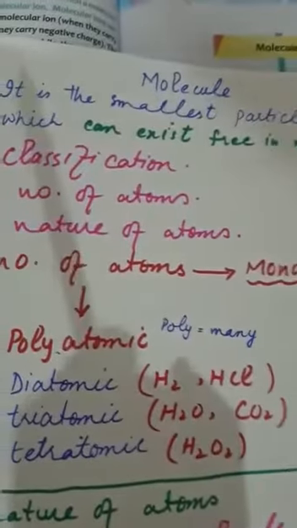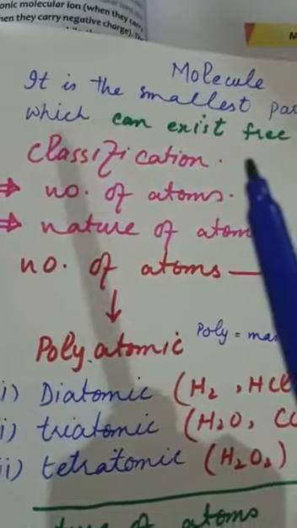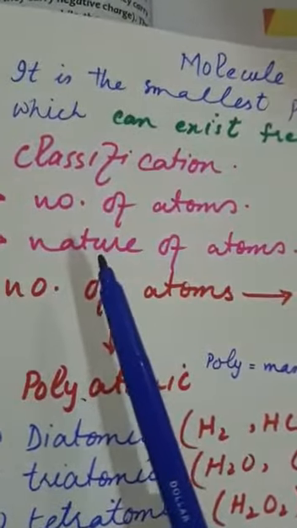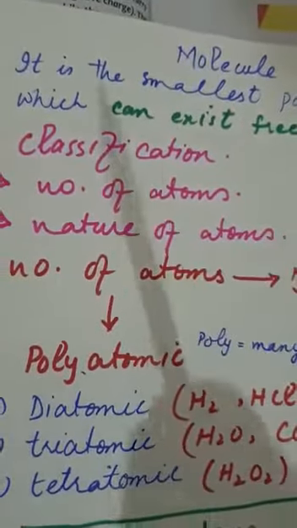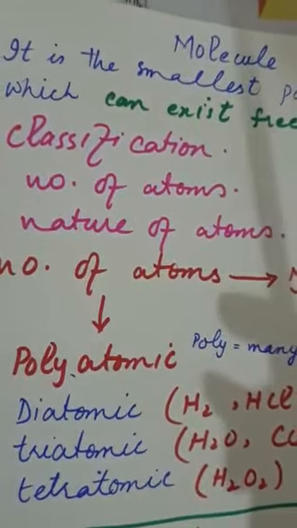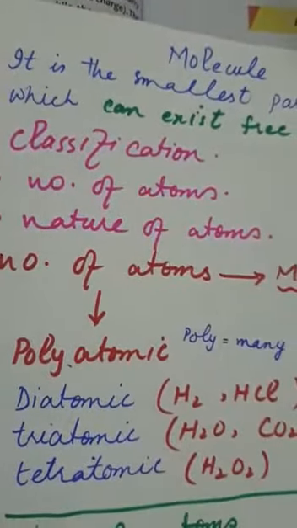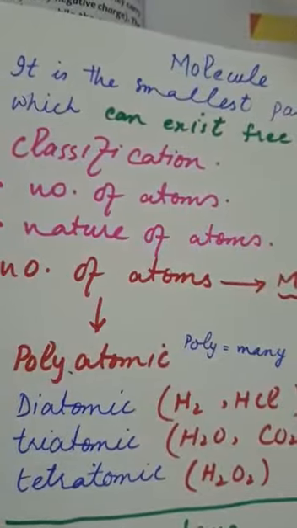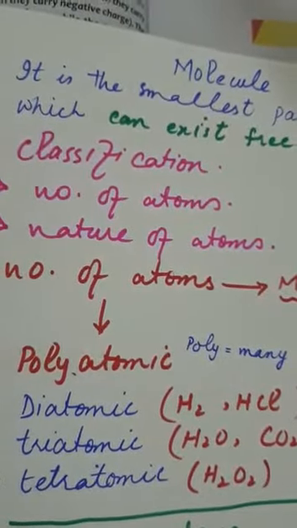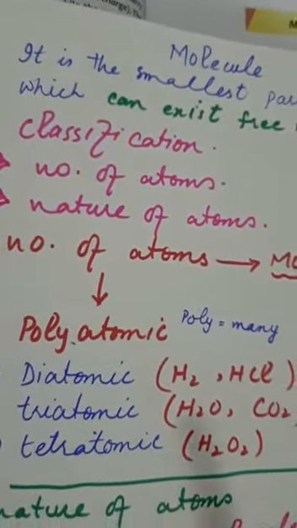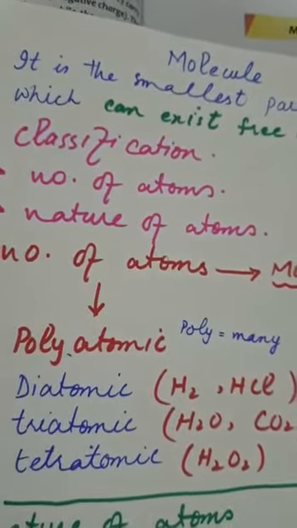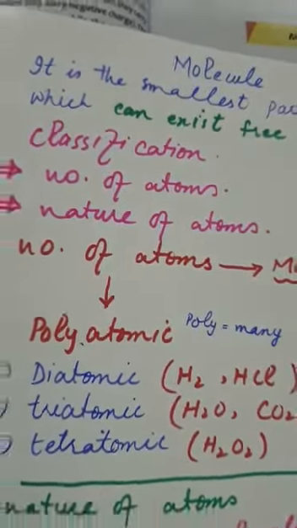Now there is another classification of the molecule which is based on the nature of atoms. Nature means what kinds of atoms are present in a molecule. In this topic we don't have any interest in the number of atoms. Now we will see the nature of the atoms, the kind of atoms which are present in a molecule.